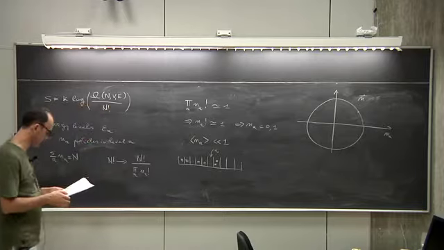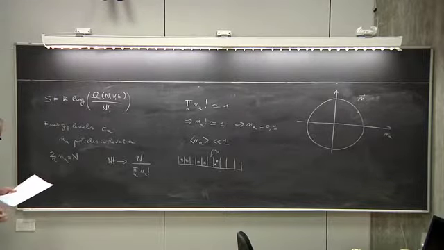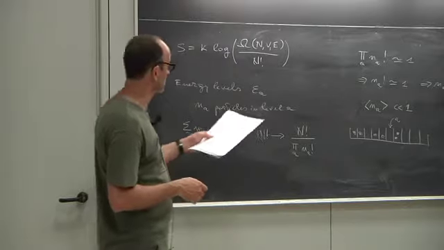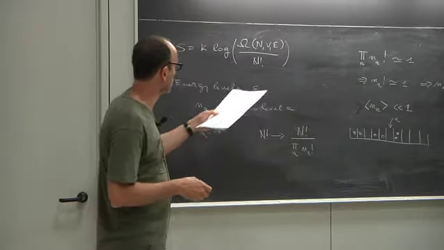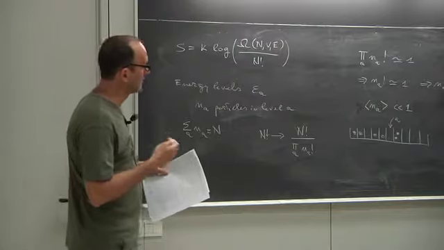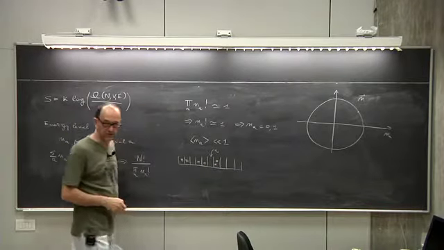Now, for a certain gas at a certain energy E or a certain temperature T with a certain density, how many particles will I find in each of these energy levels?